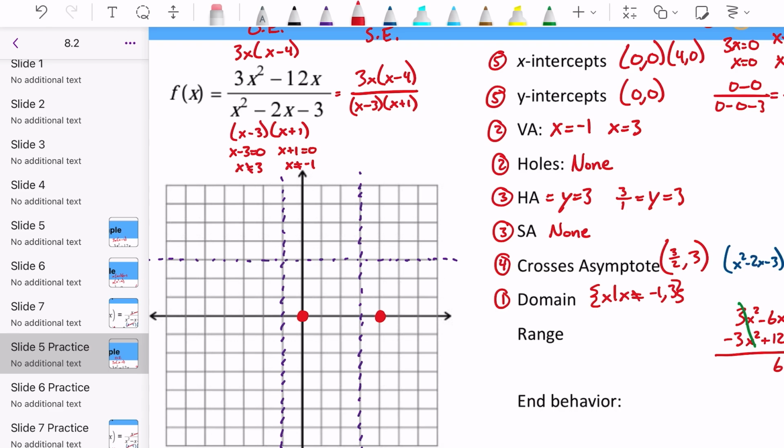But it is extremely important to also realize that there is a cross at 3 over 2, 3. Keep in mind, that means that it would occur at this spot right there.